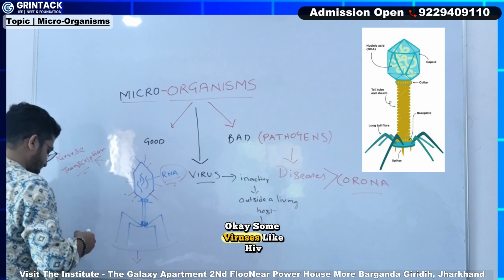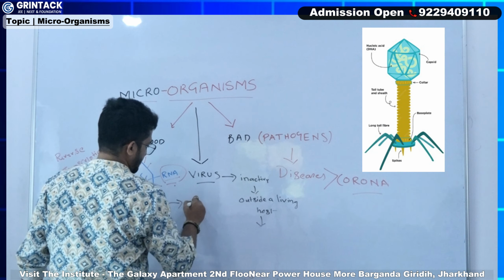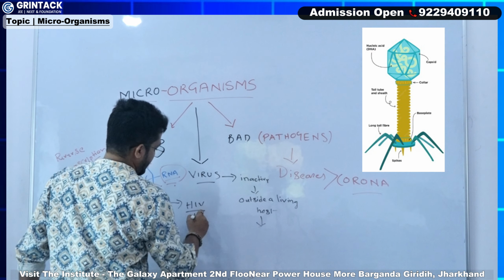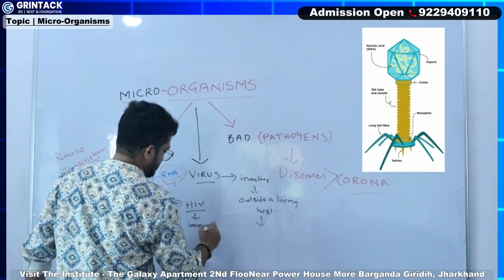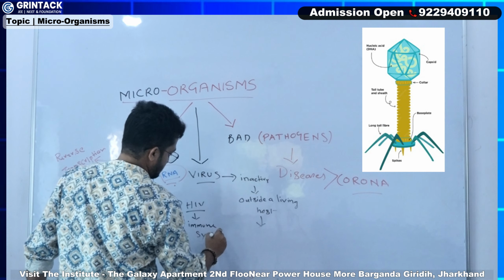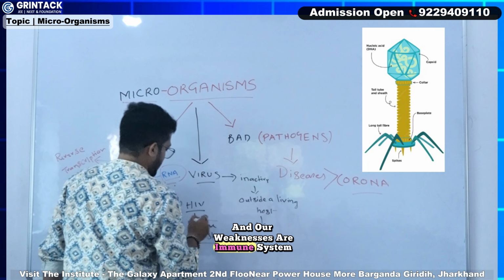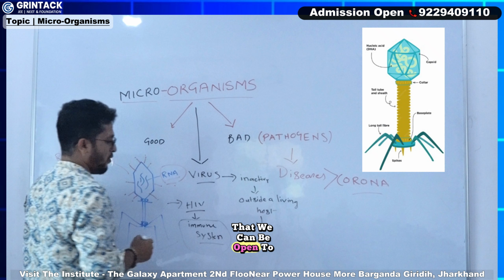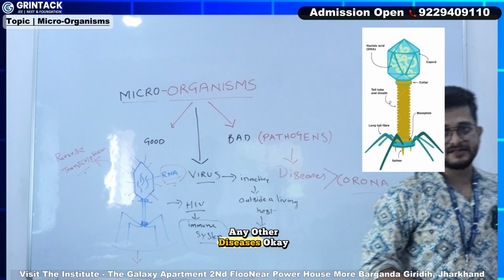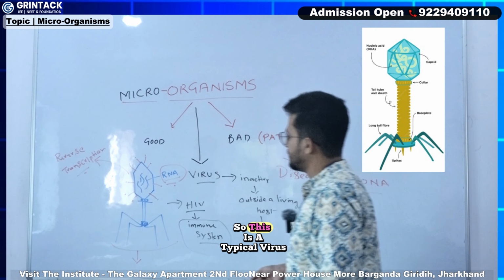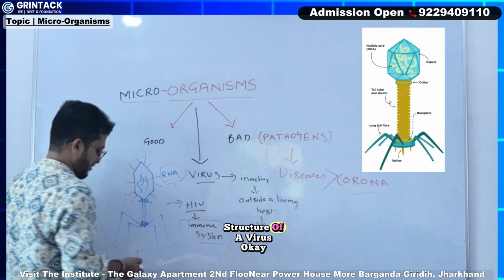Some viruses like HIV start attacking the immune system and weaken our immune system so that we are open to being infected by any other diseases. So this is a typical virus structure.